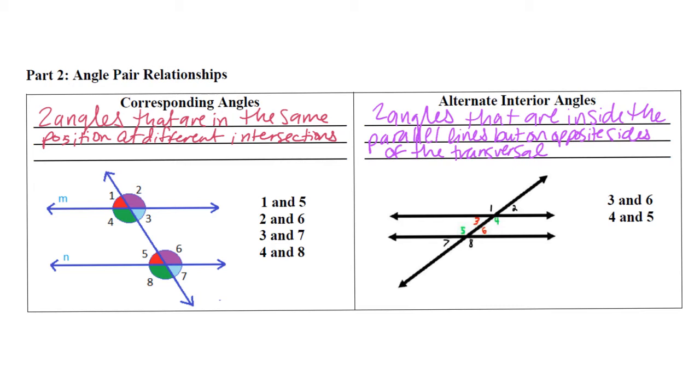So like 3 and 6 and 4 and 5, you'll see they're kind of color-coded to match as well. And both of these types of angles are going to be congruent to each other.